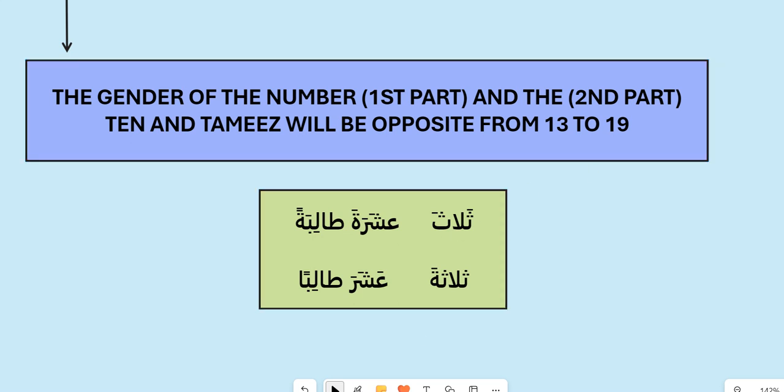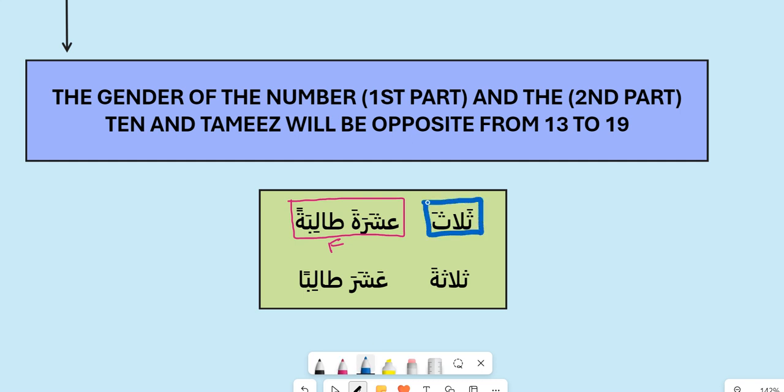ثلاثة عشر طالبة. So what is the difference here? As you can see, these two are feminine. So the second part is feminine. What about the first part? I'll take a different color here. Thalatha remains male.